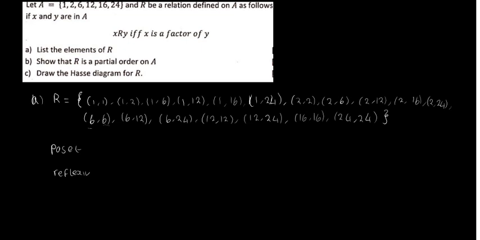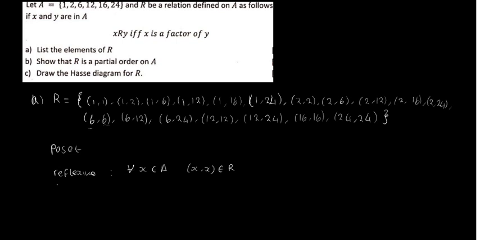Reflexivity is that for each and every x that's a member of A, x comma x should be a member of R. All these elements should map to themselves. In short, we should have 1 comma 1, 2 comma 2, 6 comma 6, 12 comma 12, 16 comma 16, 24 comma 24.